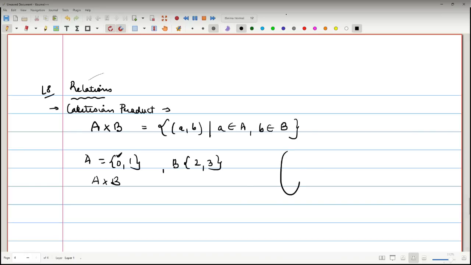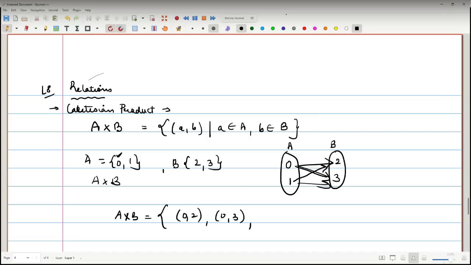So you join 0 with 2, then 0 with 3, then you take 1, 2 and 1, 3. So A cross B is (0, 2), (0, 3), (1, 2) and (1, 3).